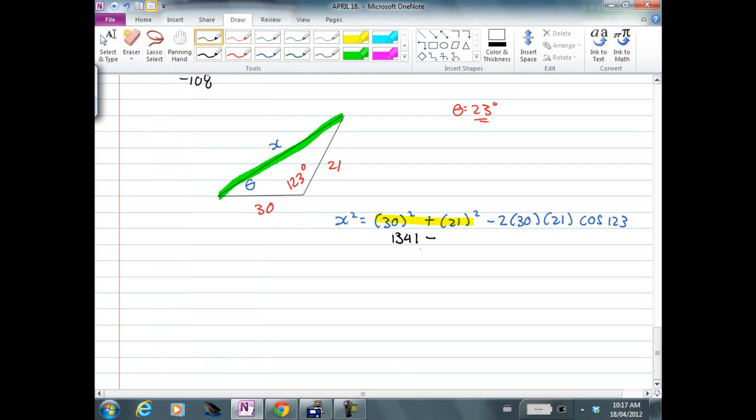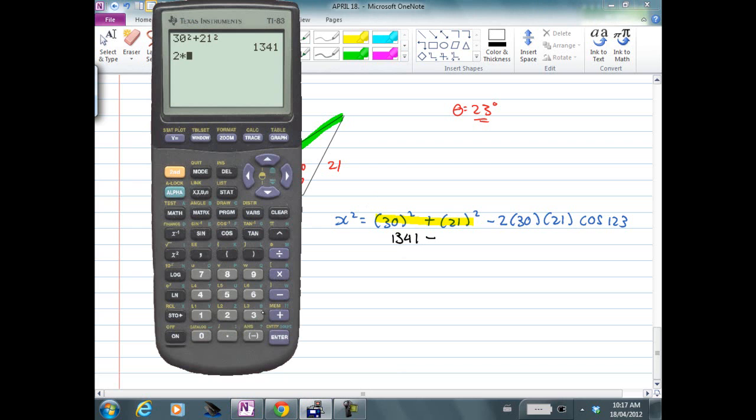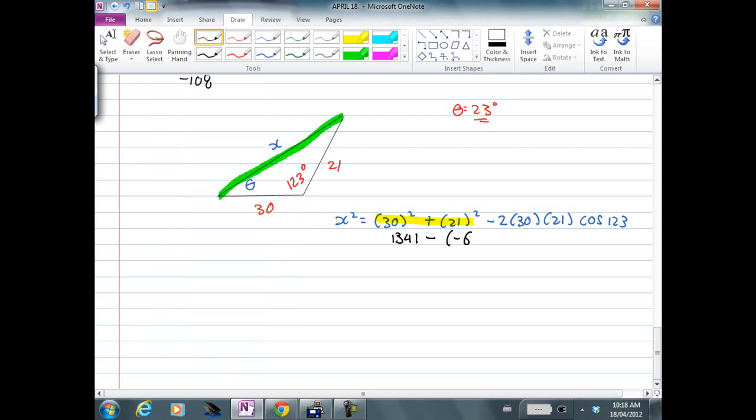Minus, here comes the next part, which is a bit tricky. 2 times 30 times 21 times cos 123. And look at my answer. It's negative. This is going to be bracket negative 686.245. I'm using a bracket because there's a negative there.